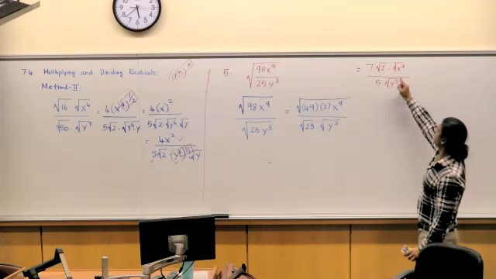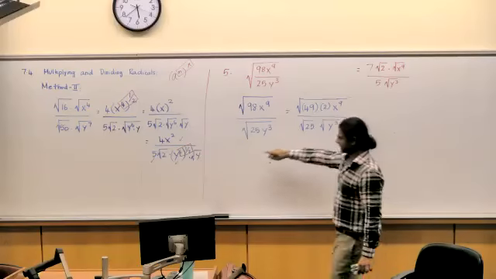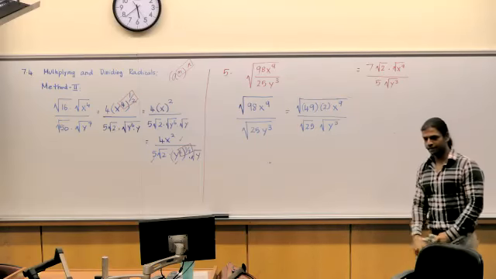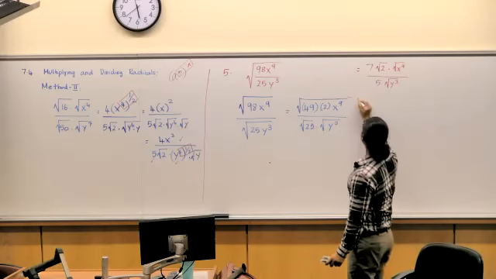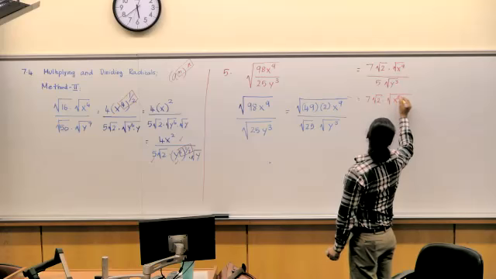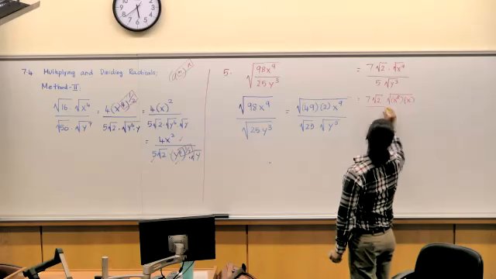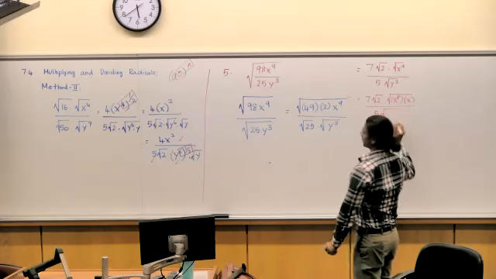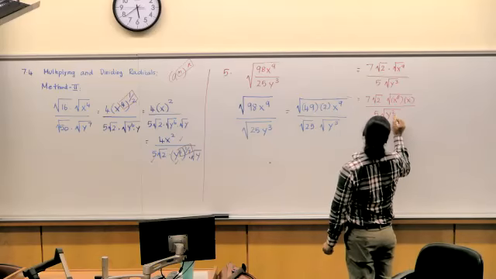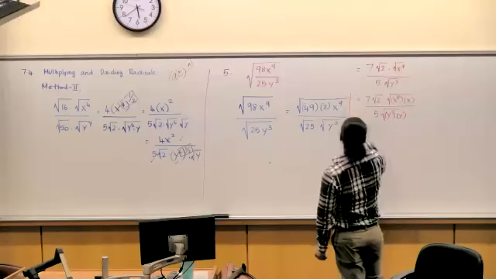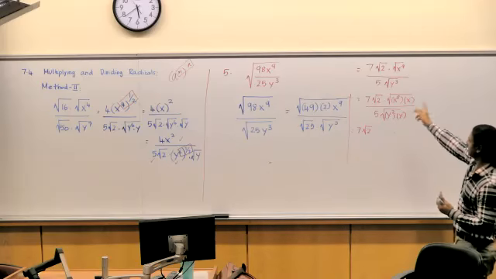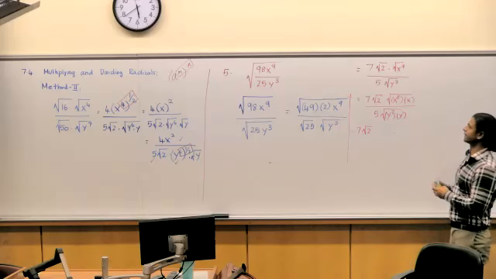Yes? Want to write it like I did over here. What is the nearest even power that is less than 9? 8. And what about y cubed? What is the nearest even power? 2. Now I can convert the radical to exponents.